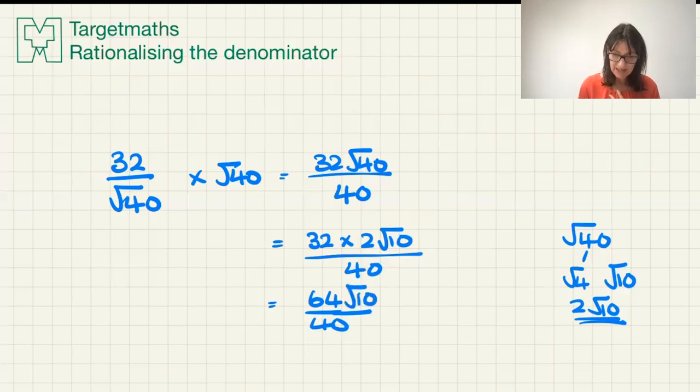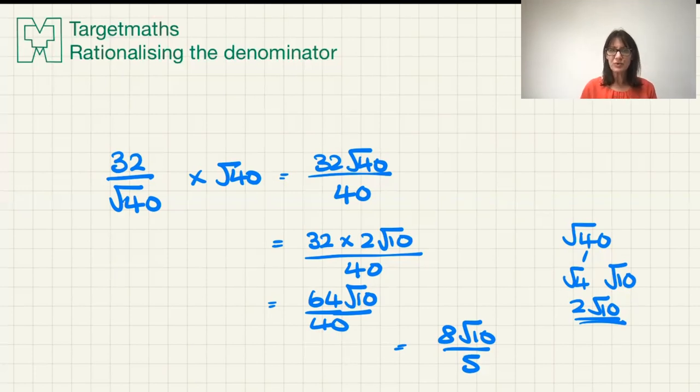And then I can start cancelling my numerator with my denominator, just how I would cancel normal fractions. And if I did that, I would end up with 8 root 10 over 5. 8s into 64 go 8, 8s into 40 go 5, and that root 10 just stays with the number at the top. So that was one that might be a little bit trickier.